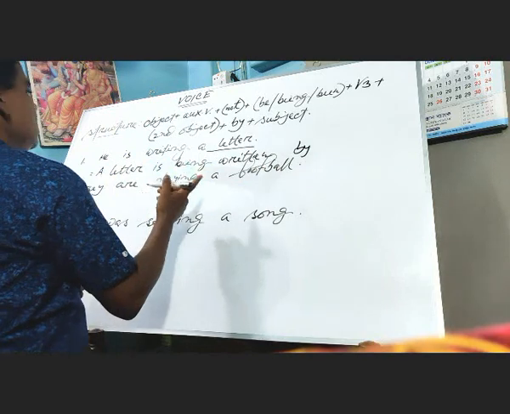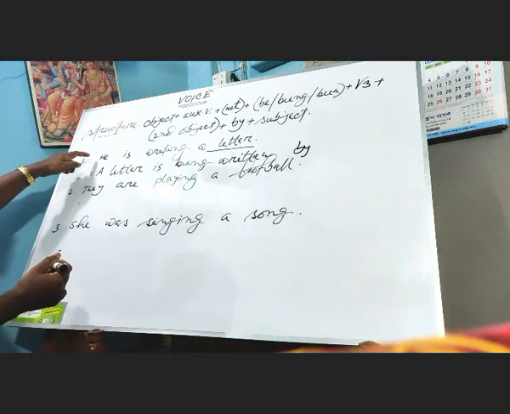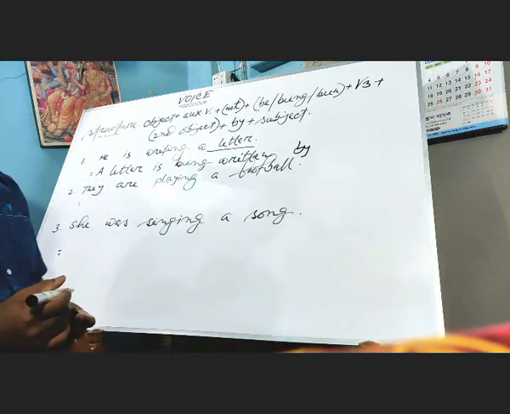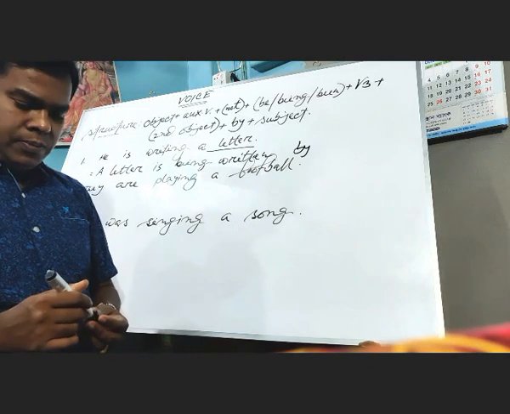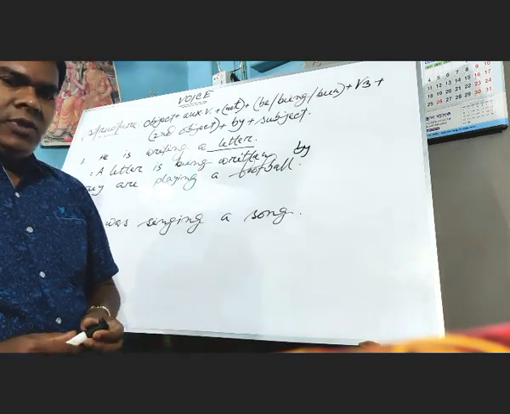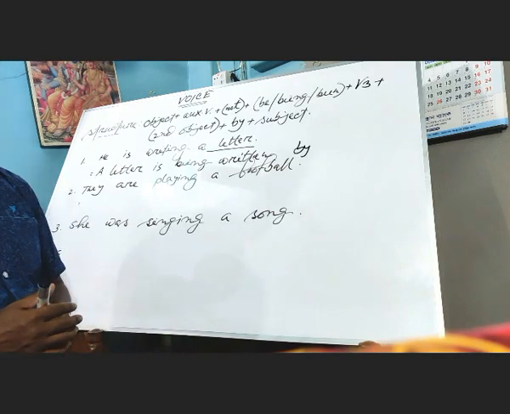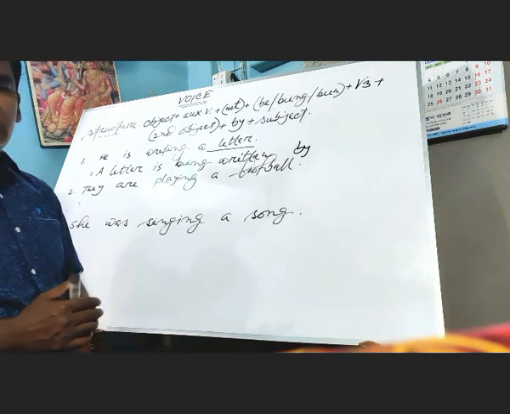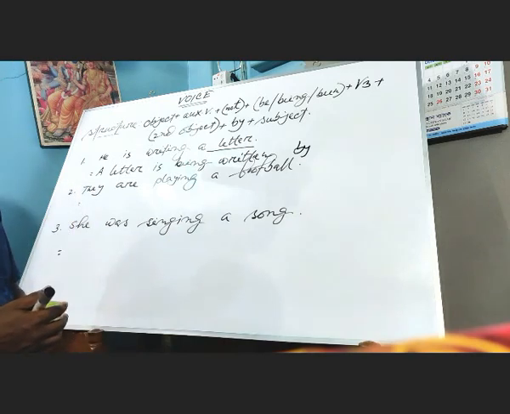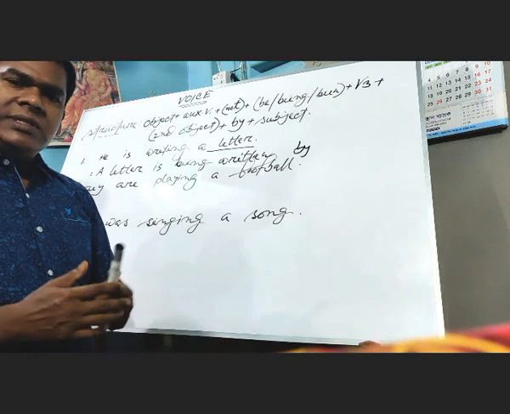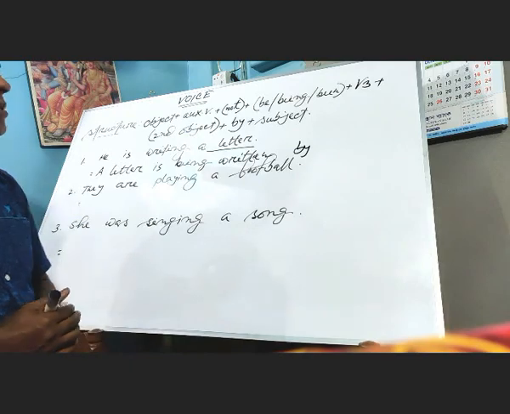And next, the subject of the active voice. What is the subject here? He. And we know, in the case of changing subject or pronoun, you are allowed the opposite form of the pronoun. If nominative case, then you will write the objective case. If objective case, then you will write the nominative case. Okay.